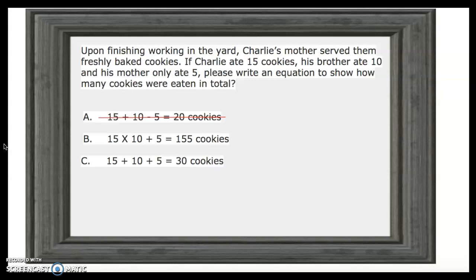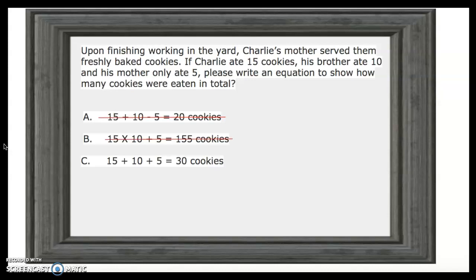Looking at the second one, 15 times 10 plus 5 equals 155 cookies. Now I can think to myself, that doesn't even really make good sense, because it would be really hard for somebody to eat 155 cookies. So even though it's using numbers that are combining, the multiplication part is not really a good answer. So that one is probably out.